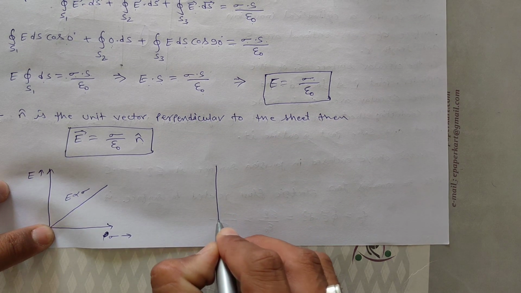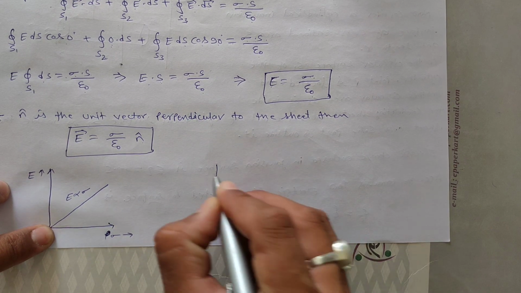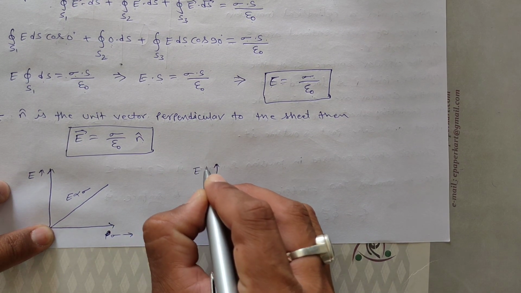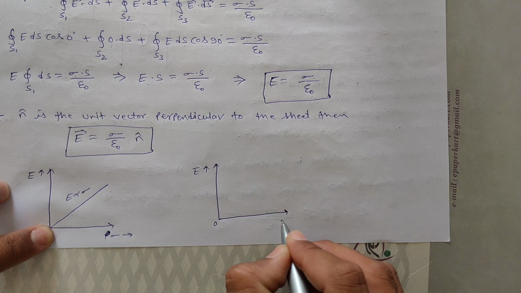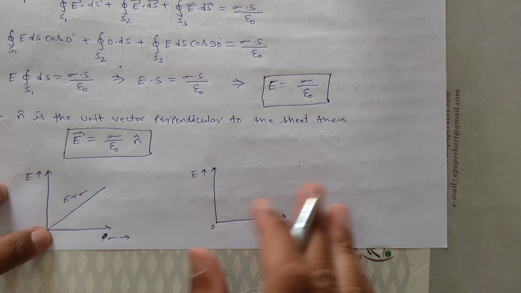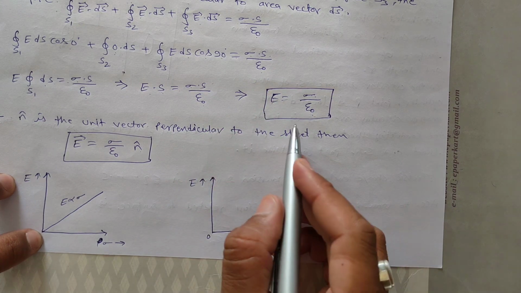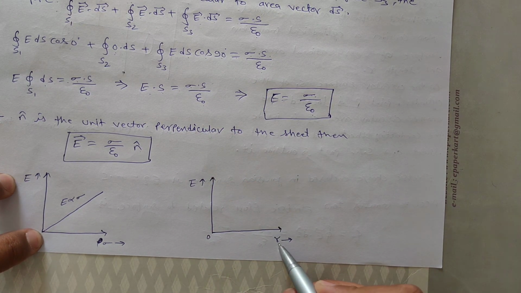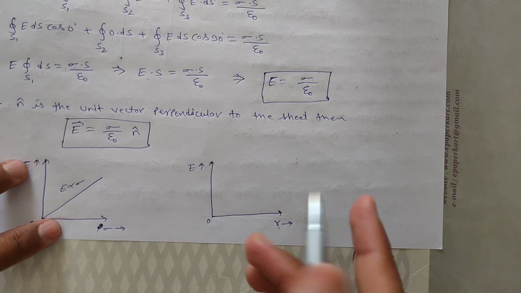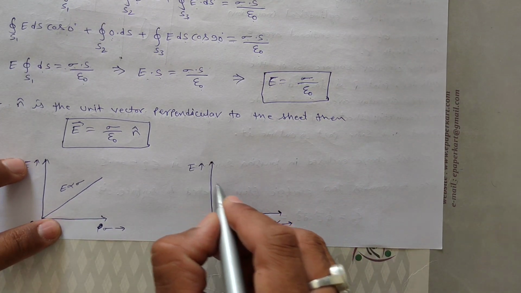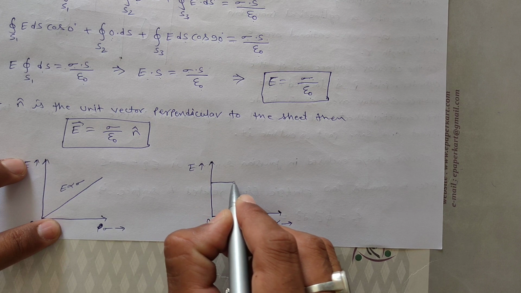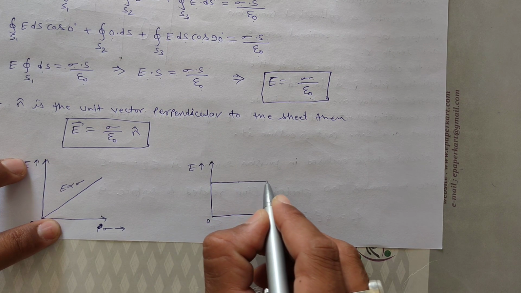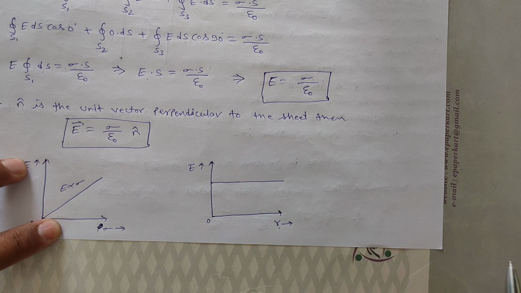And another graph between electric field intensity and distance. Here we see that electric field intensity does not depend on this distance, so we represent the graph as a straight line parallel to r.